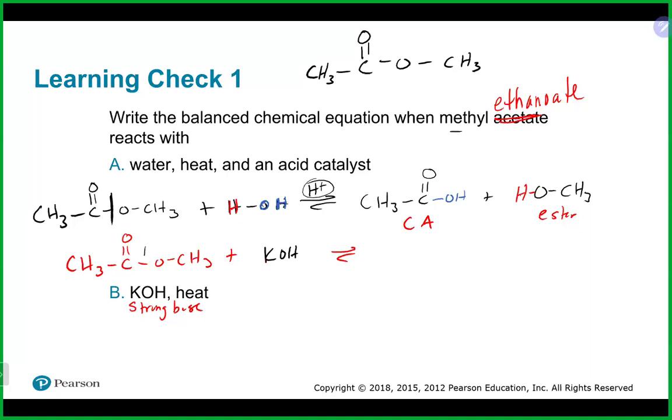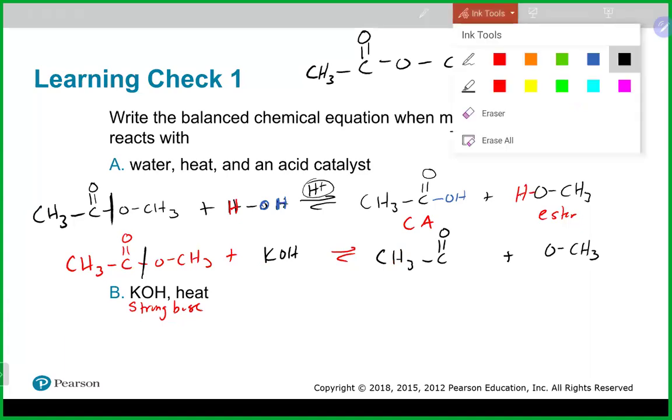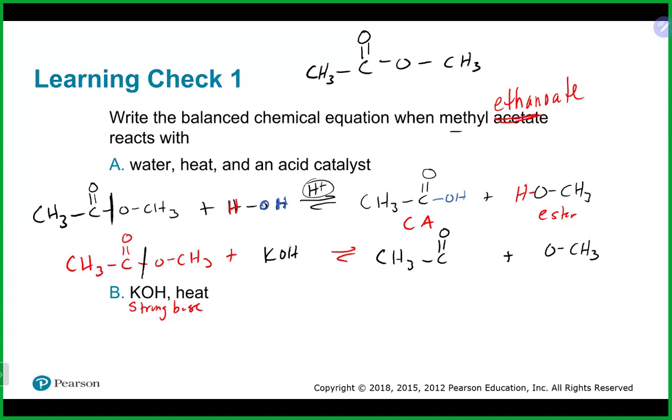All right. So we're going to break this guy apart, obviously, in the same location. That gives us really the same parts here. And we're just going to try to put our parts together in the proper way. On this one, remember, taking the base route, we will get the alcohol back. So if you keep an accounting, even though it doesn't truly work exactly like that, the H is going to end up over there.